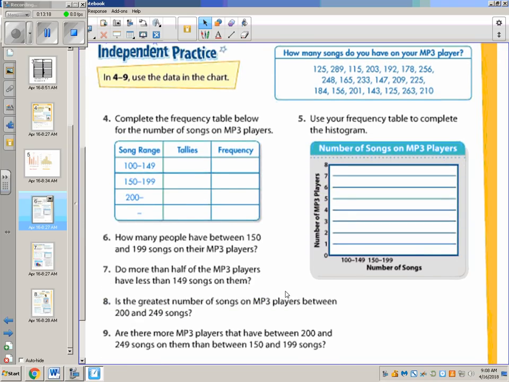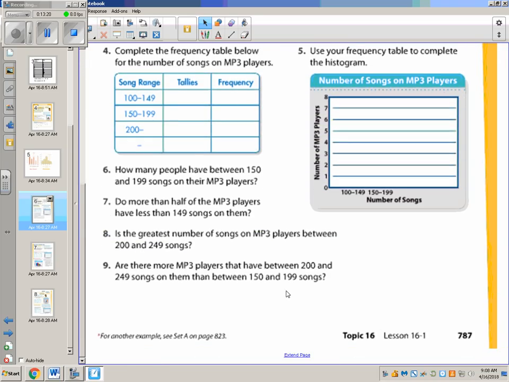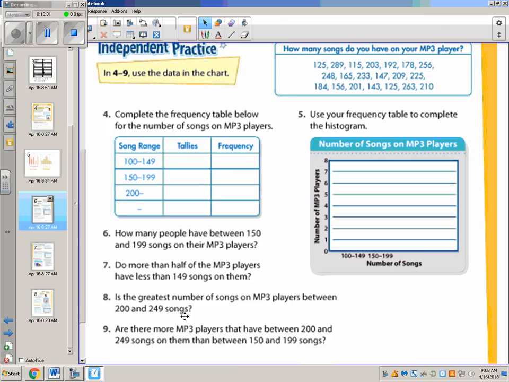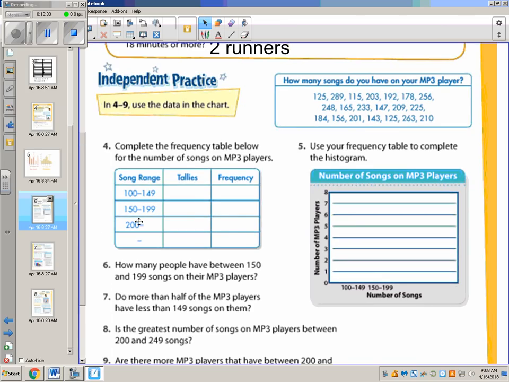So we are going to do some of this together and you guys are going to do some of this on your own. So I'm going to help you set up the table and then you guys are going to try the histogram on your own and answering these questions on your own. So when we look at this, they are going up by 49 each time. So when you fill in this table, I've got to do 200 plus 49.